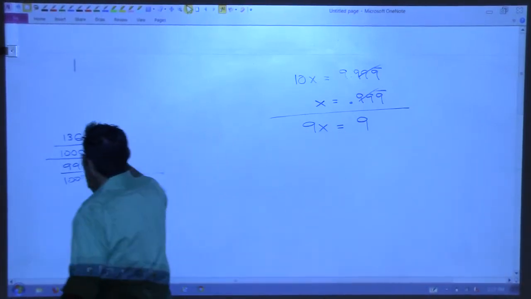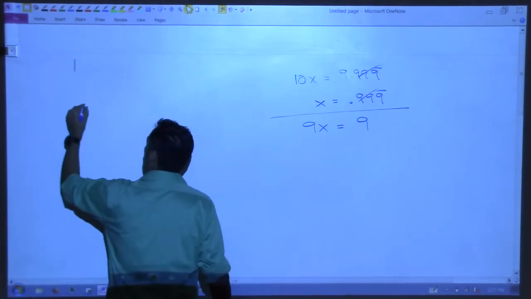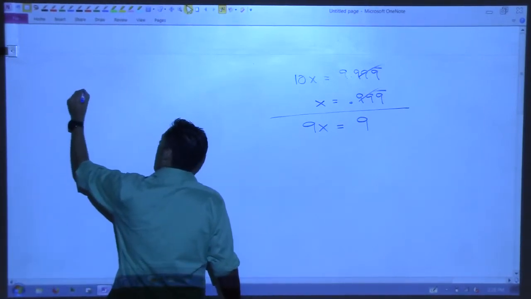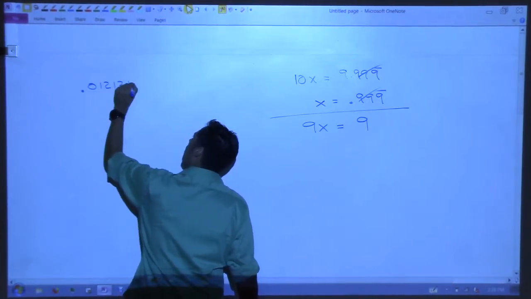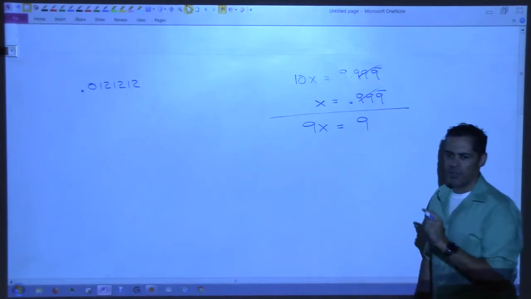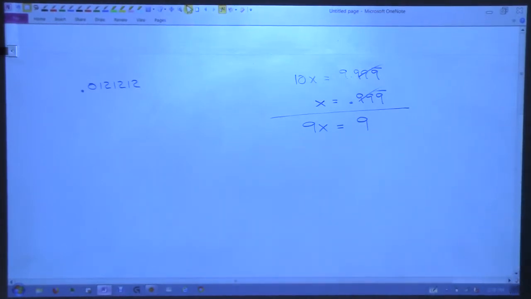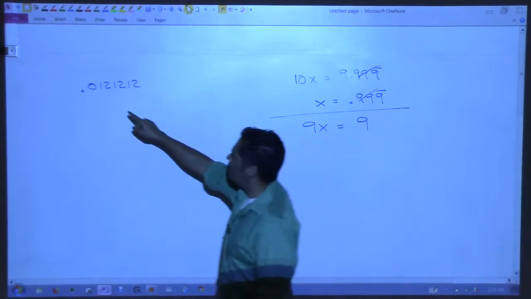All right. Now I kind of simplified this whole repeating decimal thing. What if you had this? 0.0121212. The wheels come off and the formula won't work anymore, okay? Just by putting that one little 0 in there.